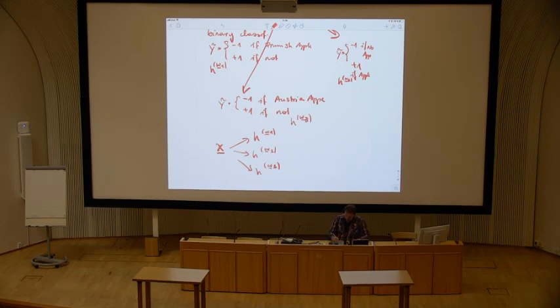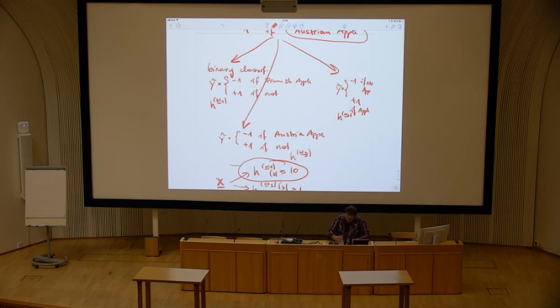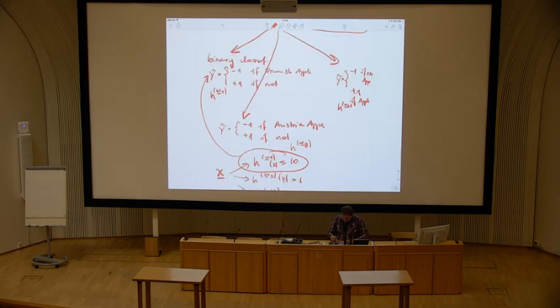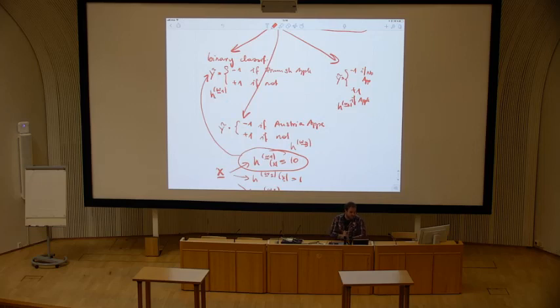So let's say this yields value 10, this yields 1, and this yields -1. So you choose the one with largest magnitude, look at the subproblem, and then see if it's a Finnish apple or not. And then combining those three subproblems allows you to determine if it's a Finnish apple, an Austrian apple, or no apple.